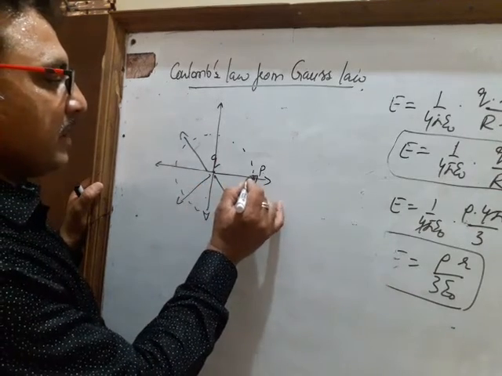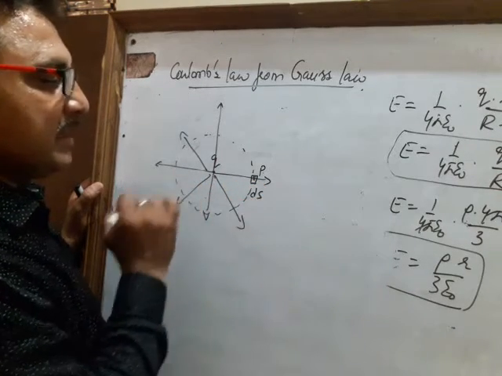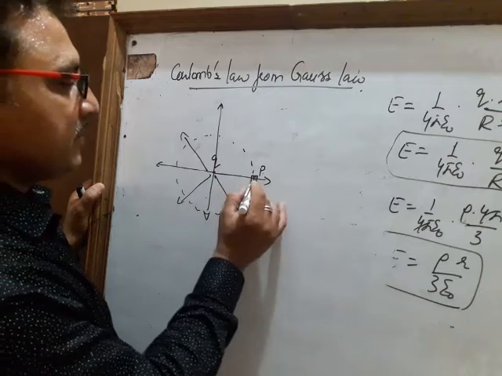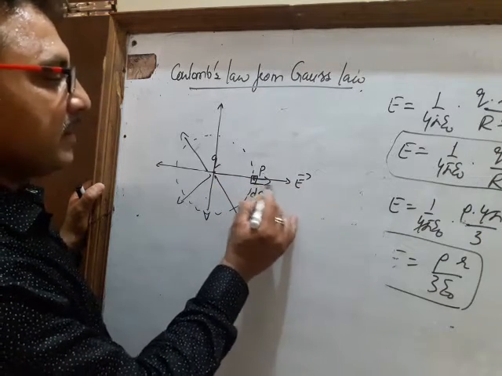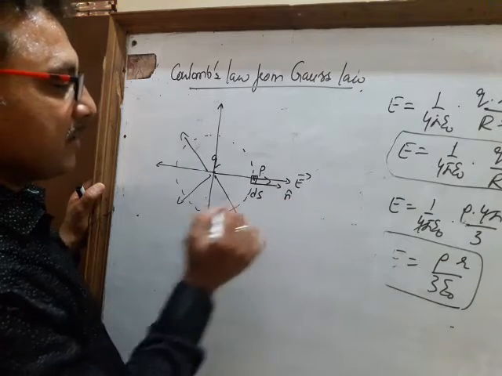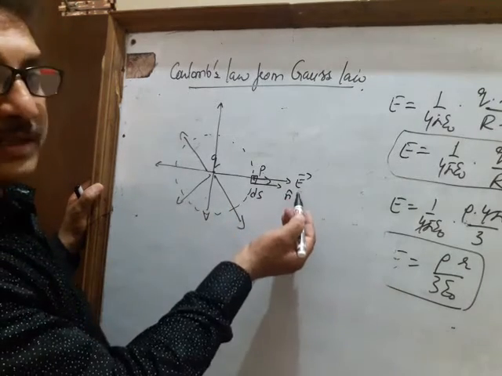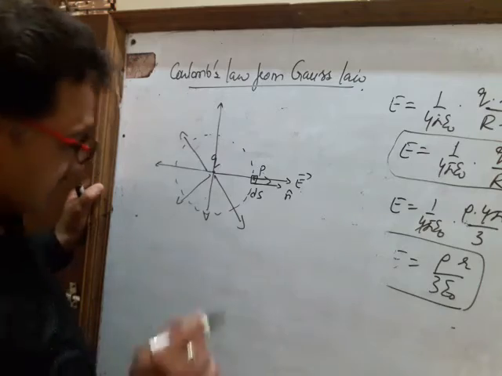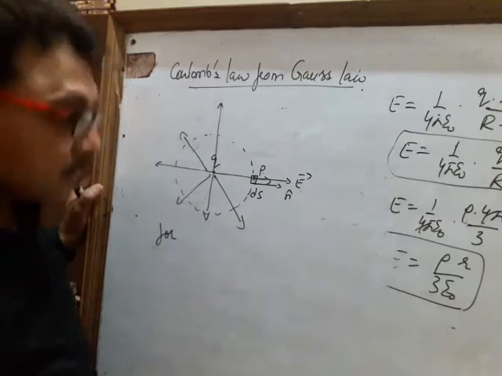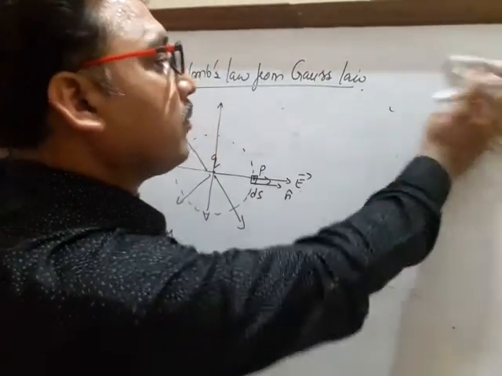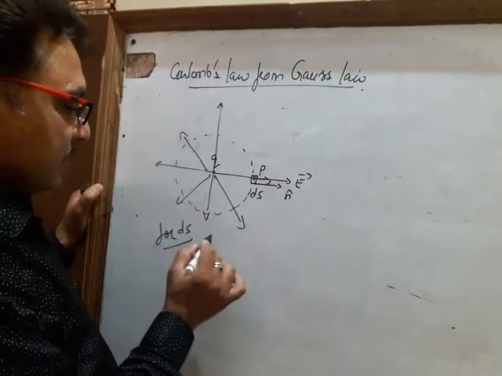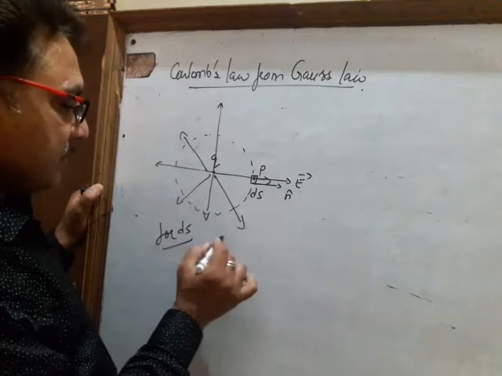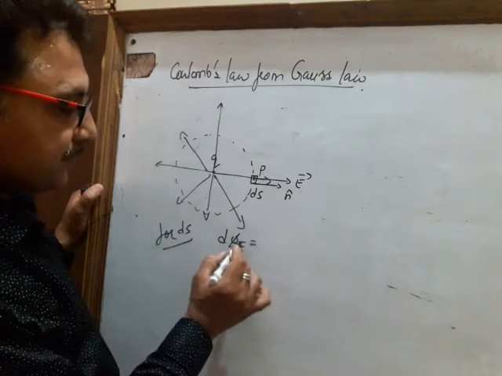So I take one elementary area ds once again. What is the direction of field intensity? This is the electric field vector, and this is n cap. Theta is 0, you can see. So for ds, flux which is coming out will be how much?